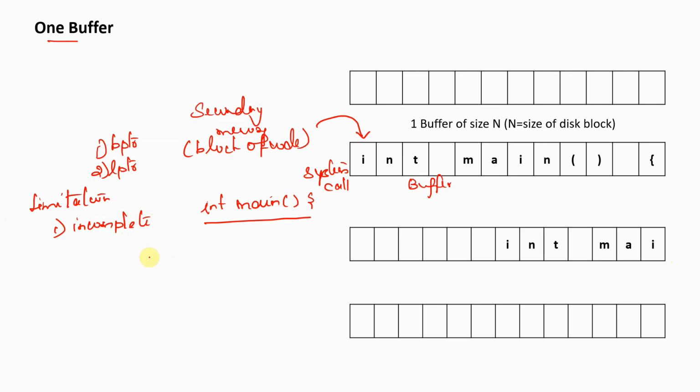That is a problem. So what happens? After reading, my look ahead pointer comes here, and I need to read the next character, n. But I have a single buffer, so the new set of instructions gets overwritten in the memory. When it gets overwritten, my token cannot be recognized, because "mai" is here and "n" is here.